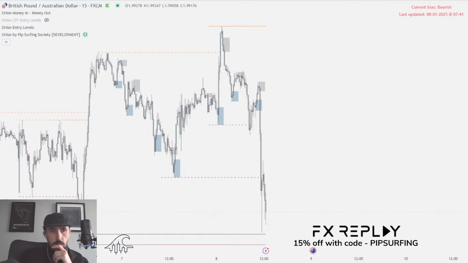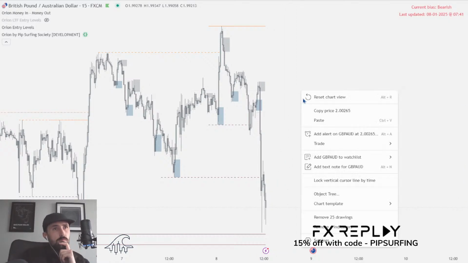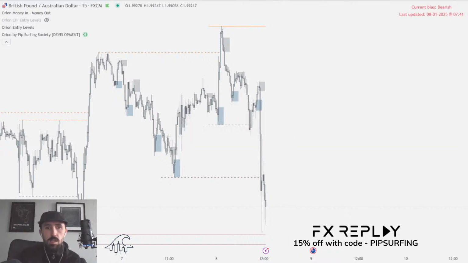Let me get this image here actually. That's not the image I just highlighted.